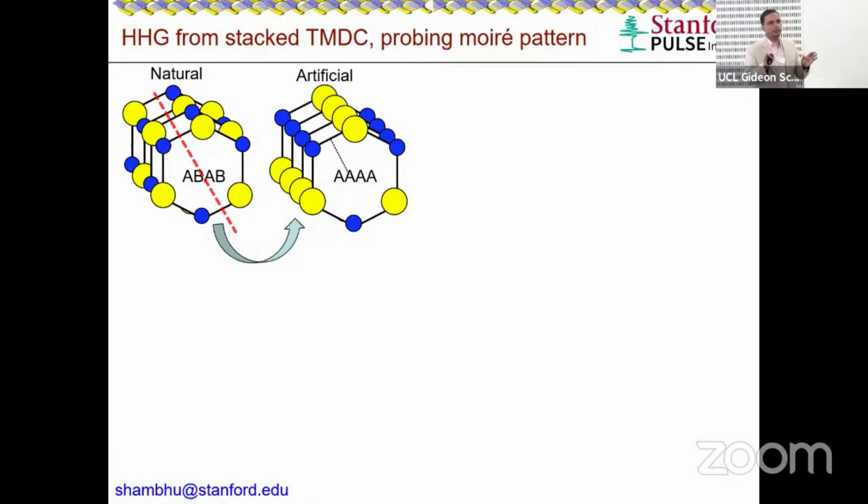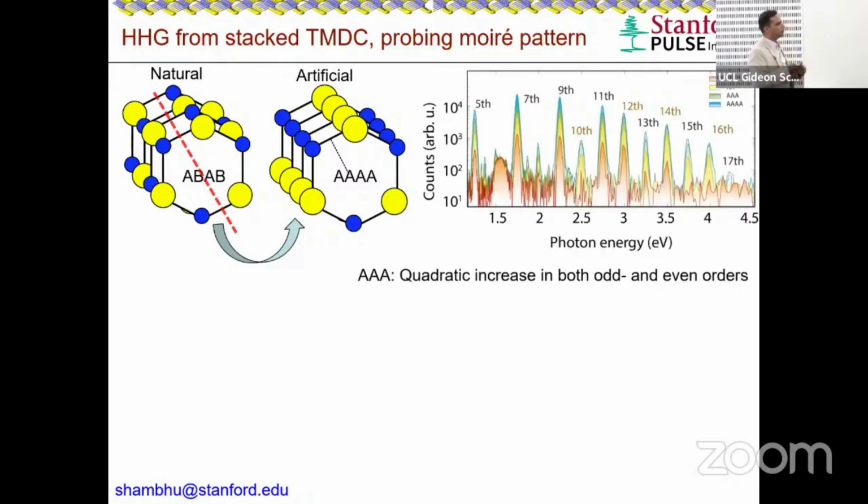Similarly, if you do this in TMDCs, you can even form, as people have already shown, interesting topological states and superconducting states. So this is a big deal, at least in material science communities, and what our attosecond science community could offer is possibly an all-optical way to probe moire patterns.